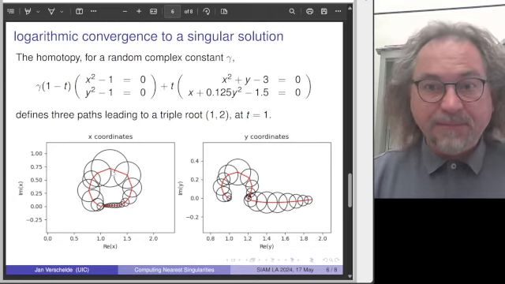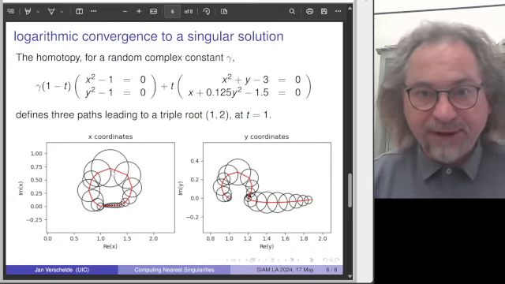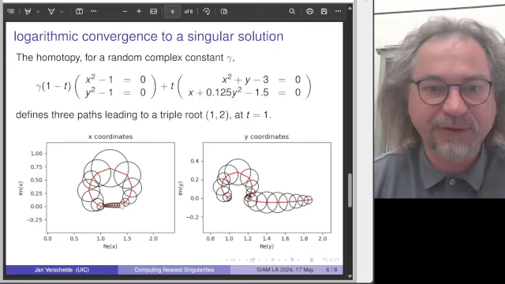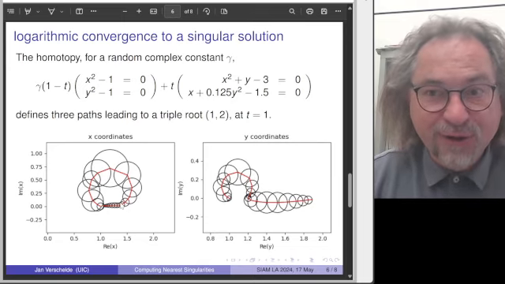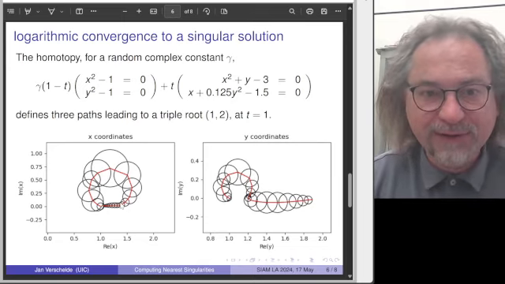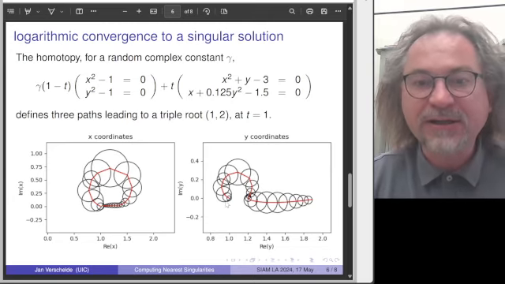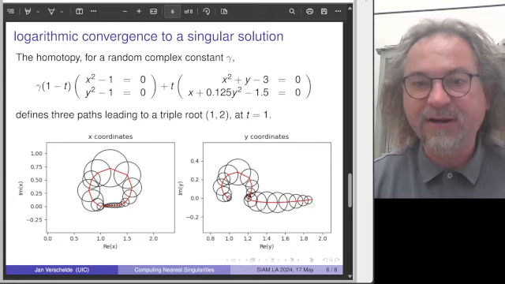Each time we compute the radius of convergence, and you can make a plot like was done here with the software. As we are going to a triple root, and we are often still very far from t equals 1, you can see the radii are getting smaller and smaller.